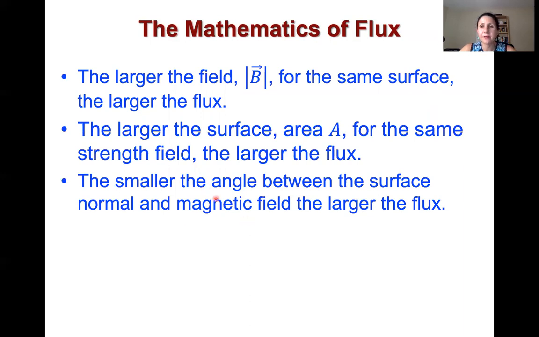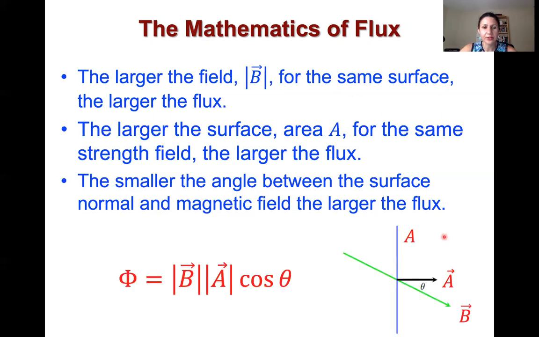But there's that third thing that determines the flux, and it's the orientation of the surface normal and the area. So the smaller the angle between the surface normal and the magnetic field, the larger is the flux. So we have all the parts to write down an equation, and here it is.